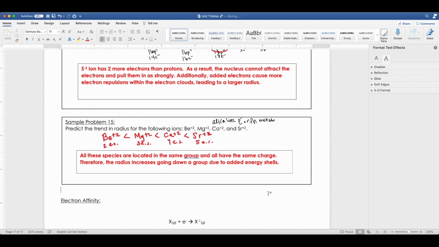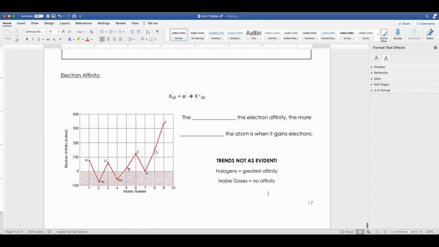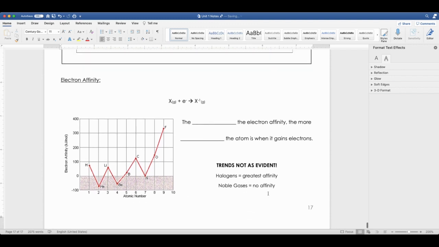Let's take a look at one last trend, and this trend really kind of irritates me because electron affinity can technically be measured, because chemists can figure this out. And I'll just tell you what electron affinity is before I explain kind of why this irritates me.